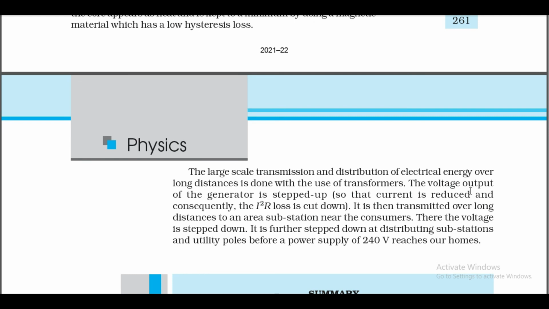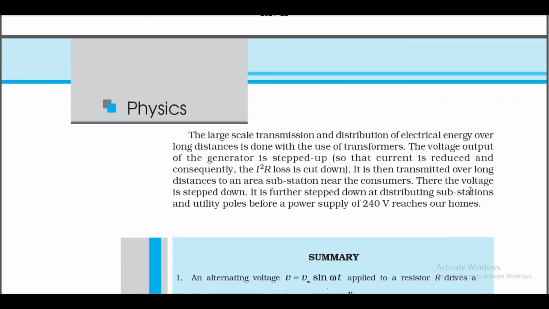The large-scale transmission and distribution of electrical energy over long distances is done with the use of transformers. The voltage output of the generator is stepped up so that the current is reduced and consequently the I2R losses are cut down.